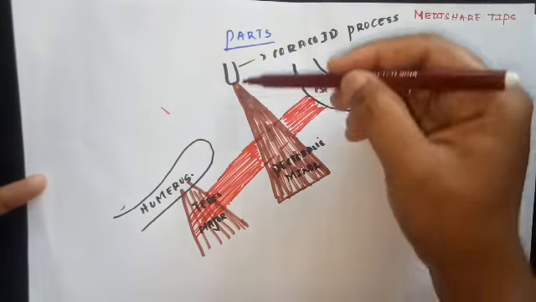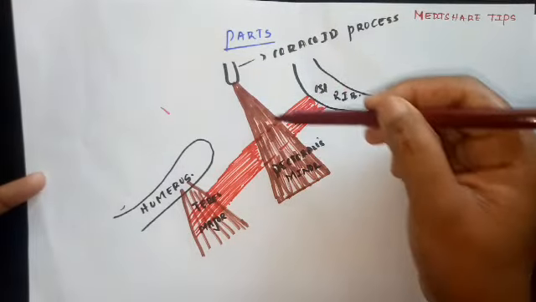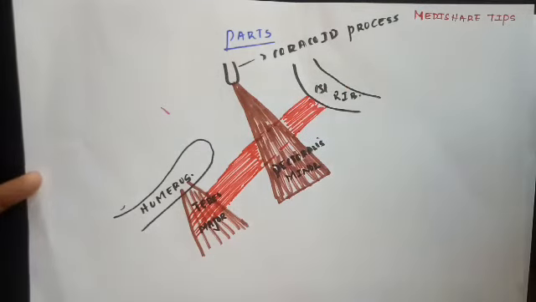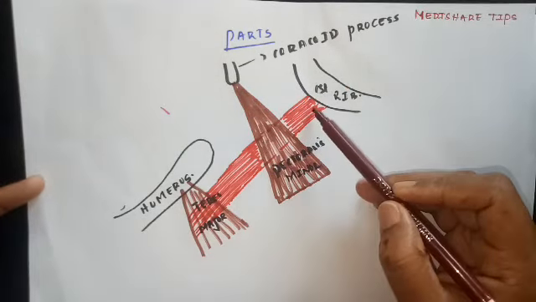So the pectoralis minor passes in front of this axillary artery and divides it into three parts.